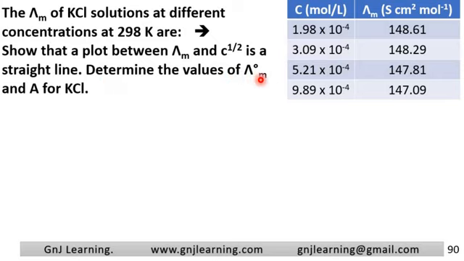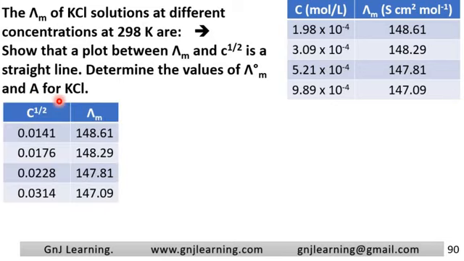Lambda m0 is the y-intercept, the intercept on the y-axis. And A is the slope for KCl. So first I have to find c half, because it is c half here. I took the root of all these values and substituted them against lambda m.